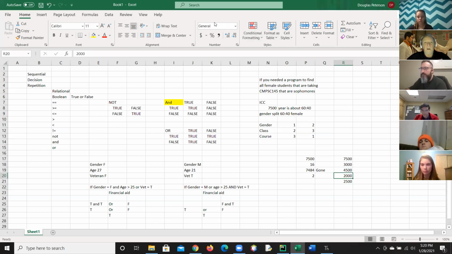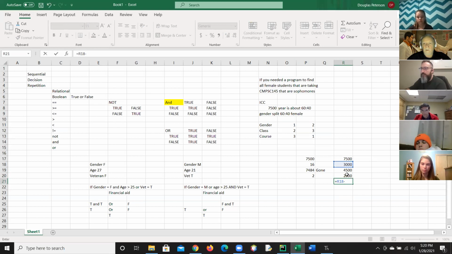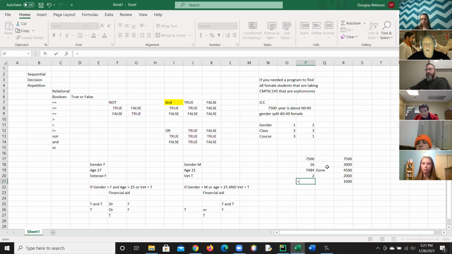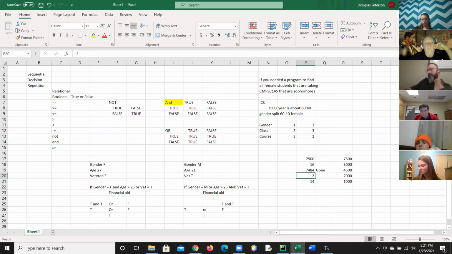This is actually going to be equal to this minus this. I still got 1,000 here to do. Or no, that's how many I got rid of. Over here, I get rid of another 14, leaving me my 2 here that would qualify if they're sophomores. I don't know what they are or not. And I'm still stuck over here going through 2,000 more to determine if they're sophomores or not.